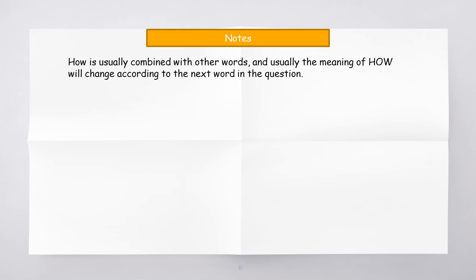Okay, from my explanation, I have a note. When we use how, this how is usually combined with another word, and the meaning of how will change according to the next word in the question. This is the pattern using how plus adjective, which can change the meaning.